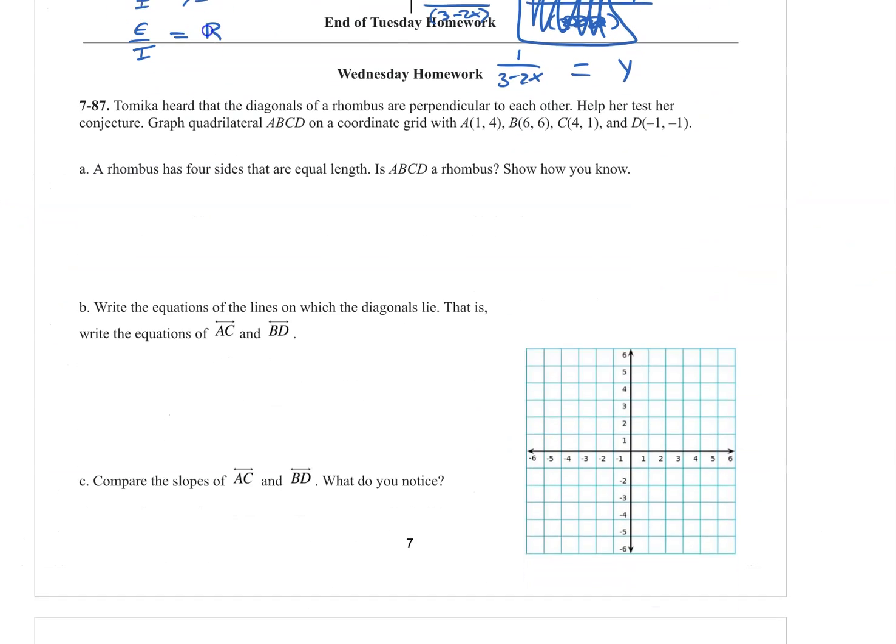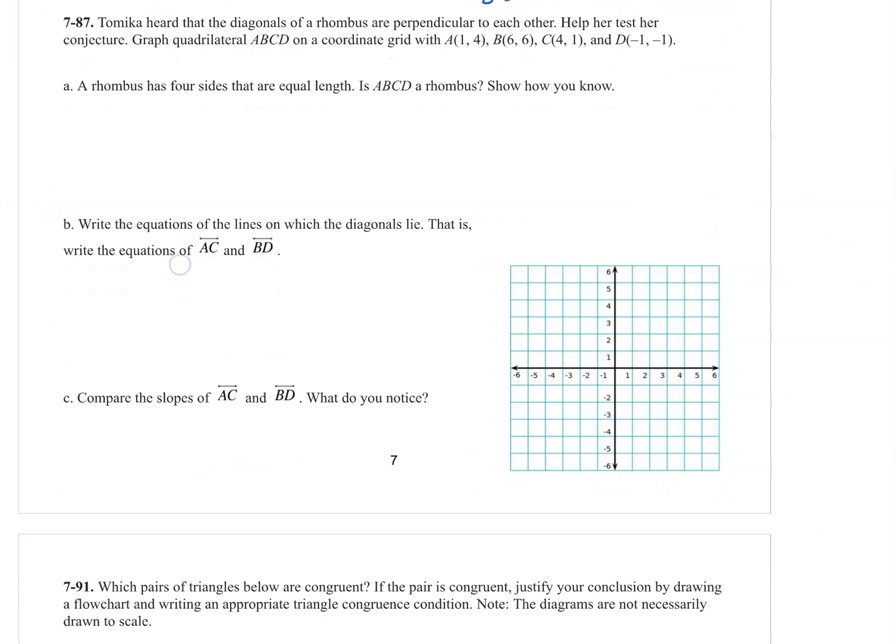Okay, Wednesday's homework. Tamika heard that the diagonals of a rhombus are perpendicular to each other. Let's test this out. Graph a rhombus with those vertices. A is 1, 4. B is 6, 6. C is 4, 1. And D is -1, -1.